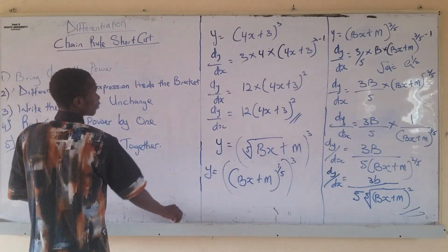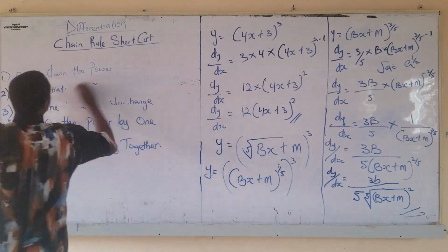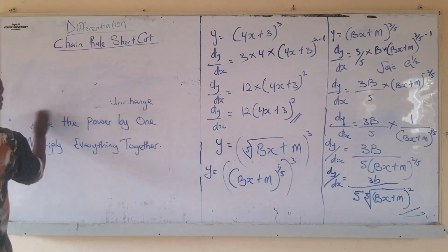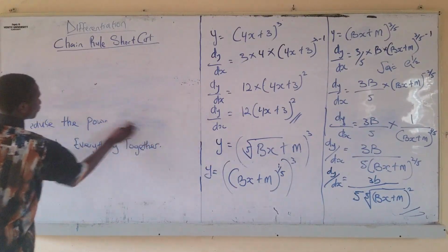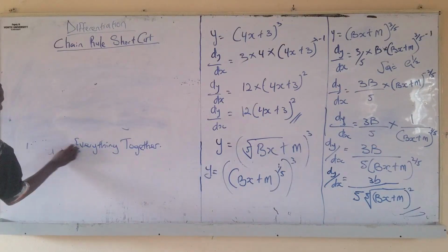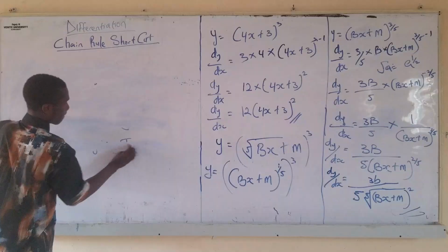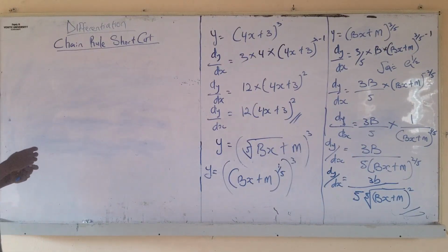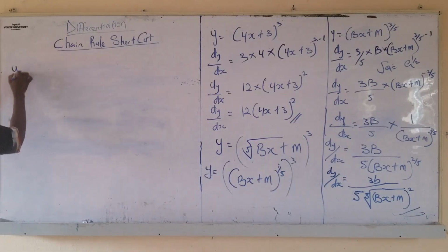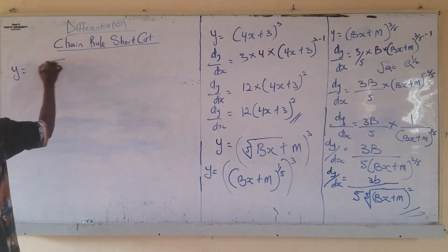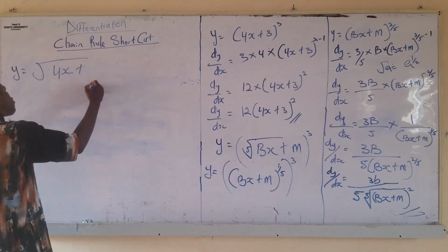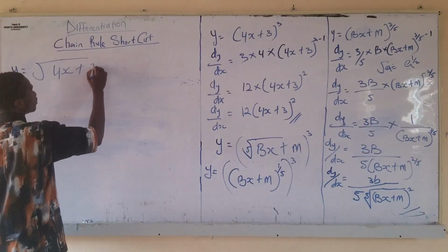Let's take another question. Given that y is equal to the square root of 4x plus 7.